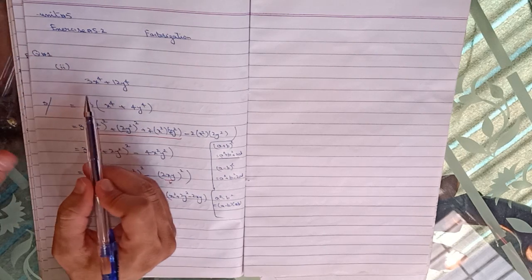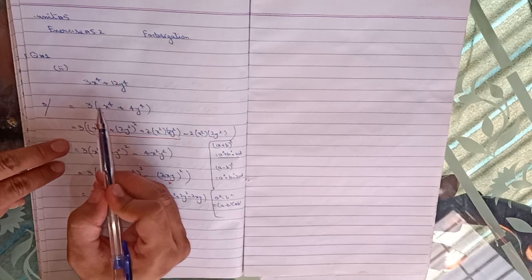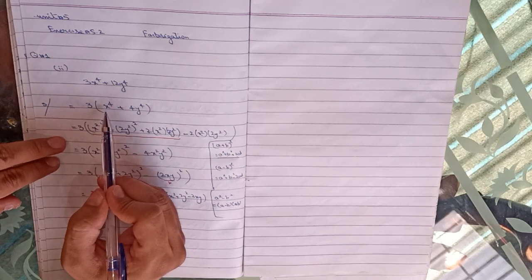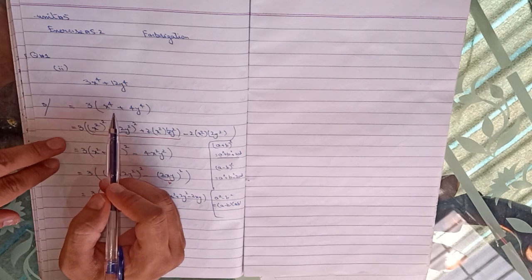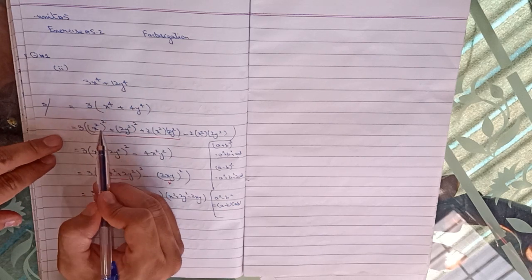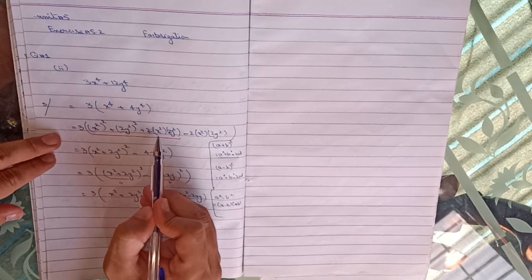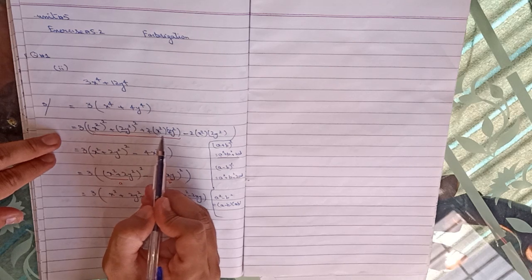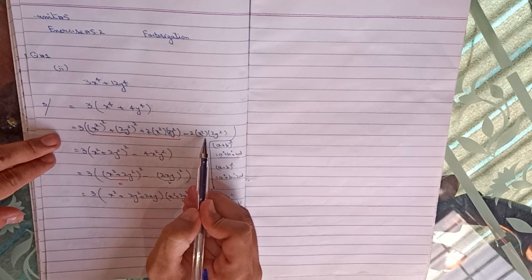So students, you can see we started our factorization using type number 1. 3 was common between both the terms, and here is the type used in the second and fourth questions of this kind of factorization. To make the complete formula, we first identify a^2, then b^2, and write 2ab. It means we have added from ourselves 4x^2y^2, 2x^2 into 2y^2; we add it and at the same time subtract it.